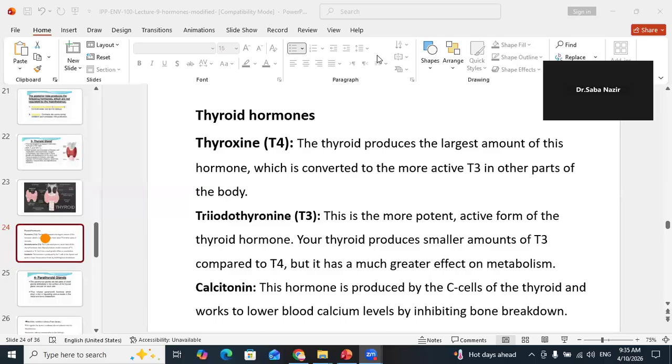There is one more secretory substance produced from the thyroid gland, that is calcitonin. This hormone is produced by C cells. Calcitonin works to lower the calcium level by inhibiting bone breakdown. So, calcitonin is basically a substance for when we have a low calcium level. Sometimes we feel proud about it.